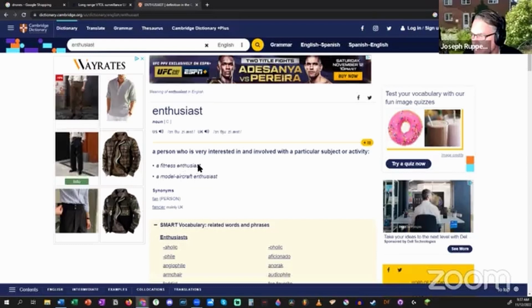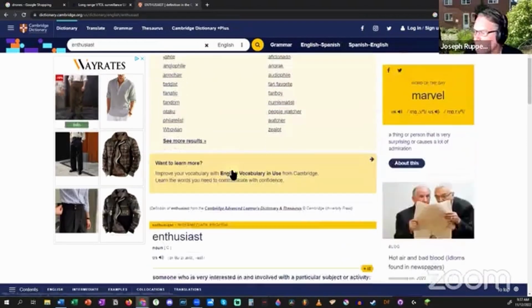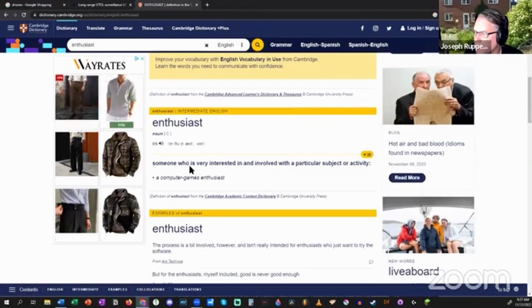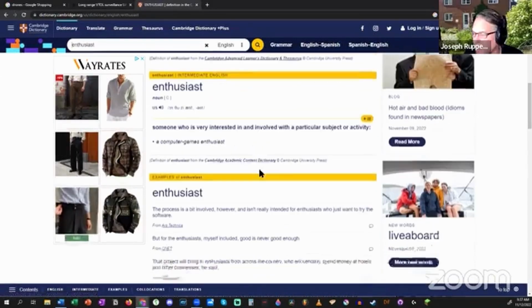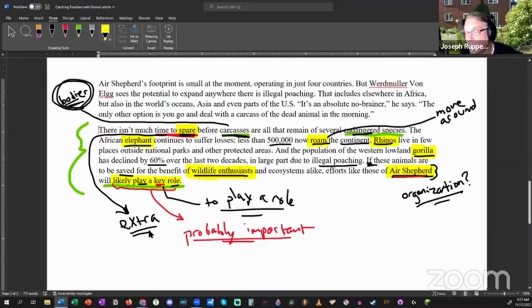So a fitness enthusiast, a model aircraft enthusiast, whatever. Okay, same thing. So here, a wildlife enthusiast would just be a person who likes wild animals.